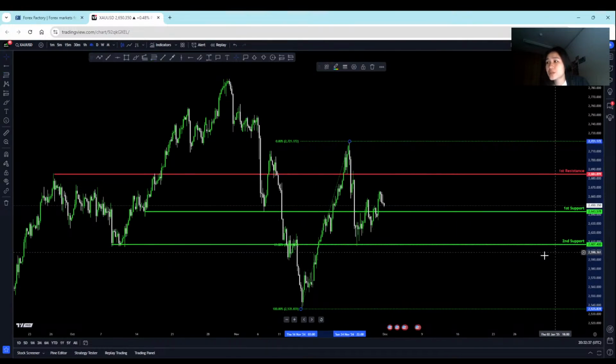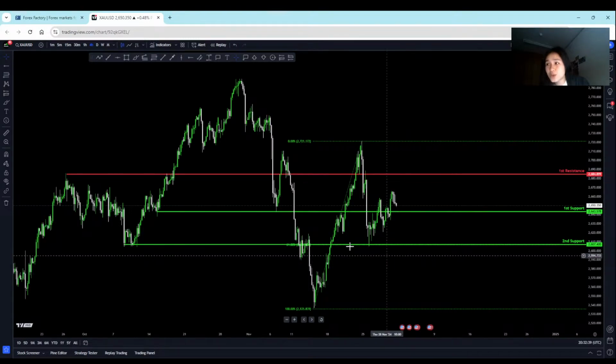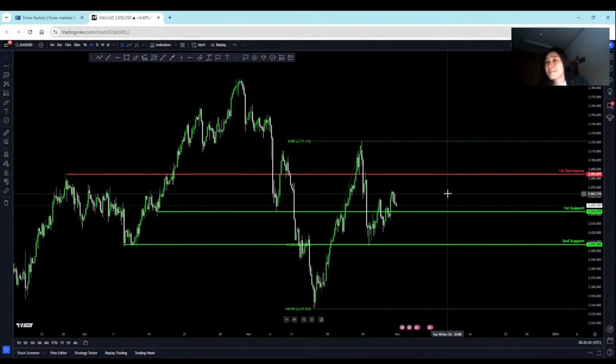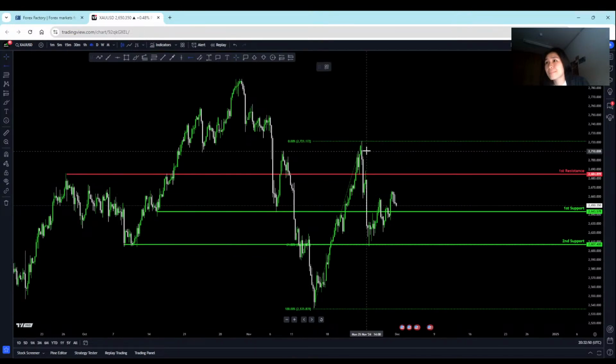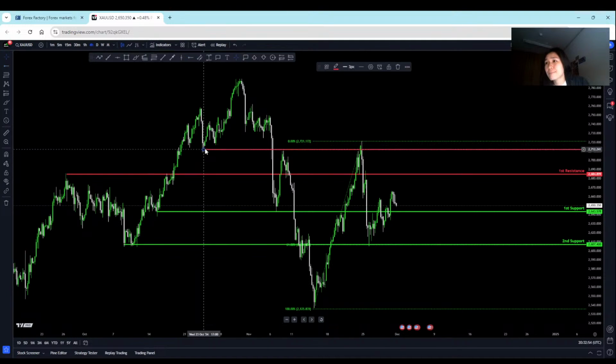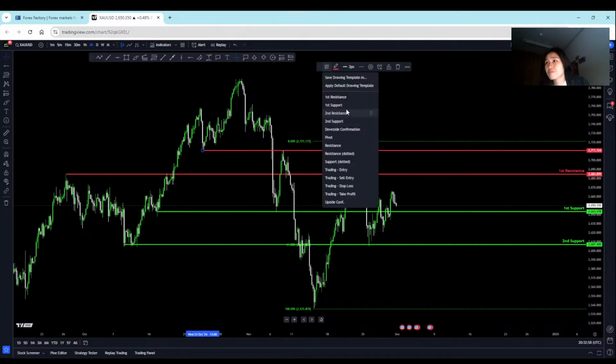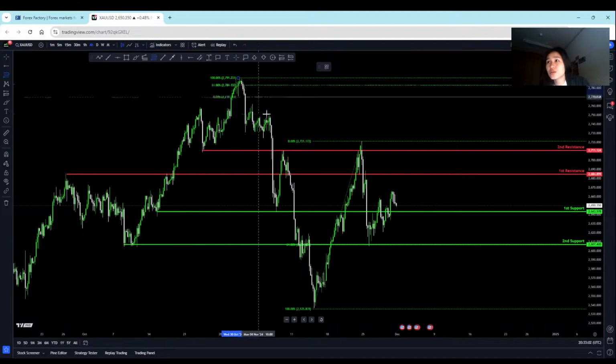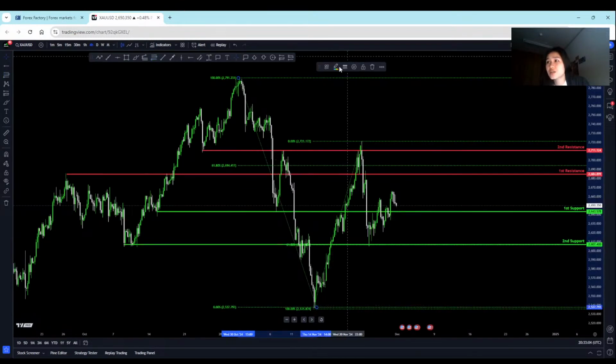My 61.8 lines up nicely with my second support. This will be my second resistance, sorry.